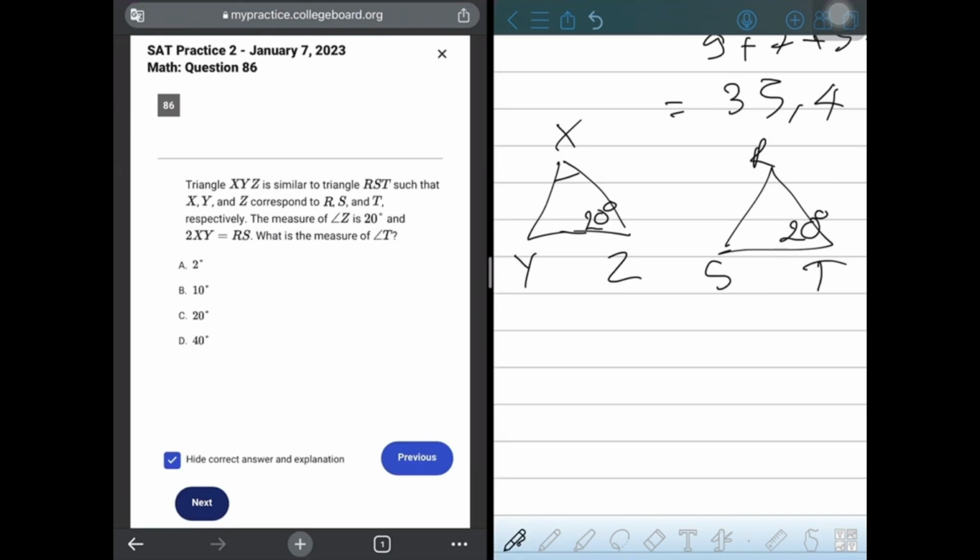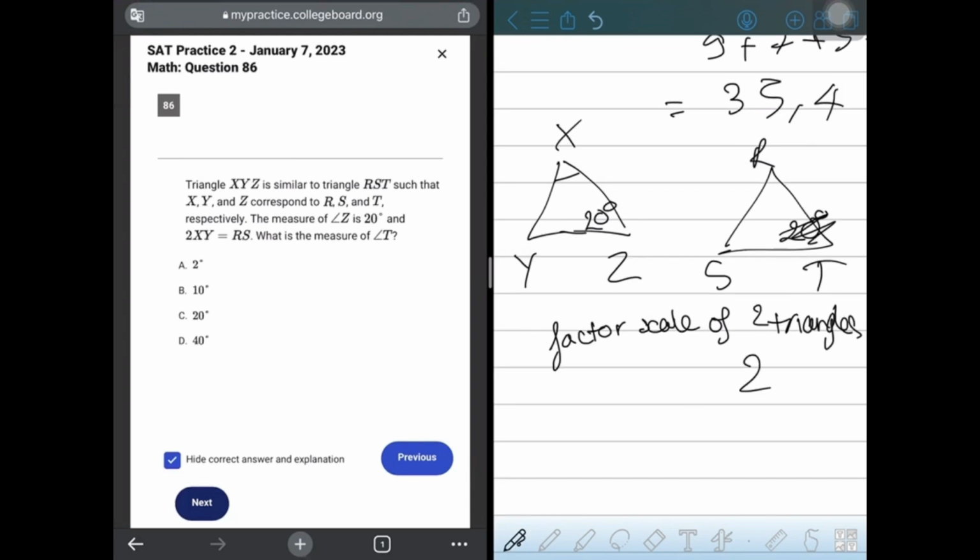Now we have the scale factor of the two triangles, 2.